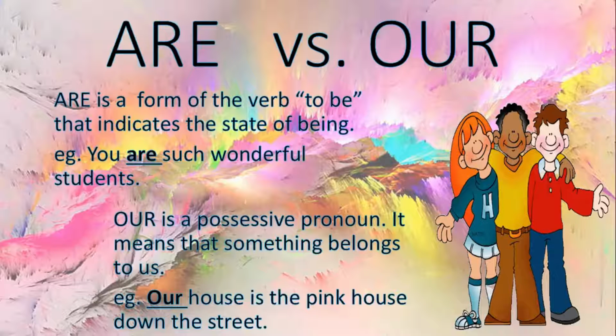Look carefully, students, at where these words are placed. Yes, they sound the same, but their meanings as well as their functions within the sentences will be completely different. Okay, so if you're saying that something belongs to us, O-U-R is the word that you will use.